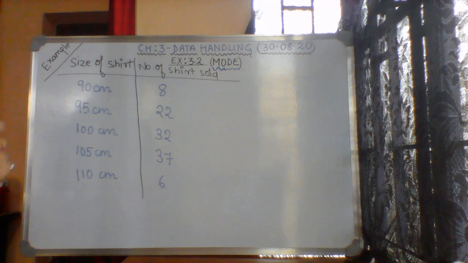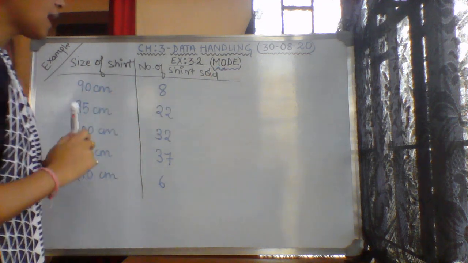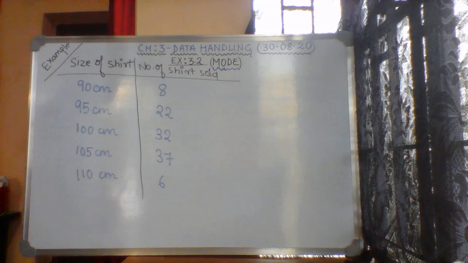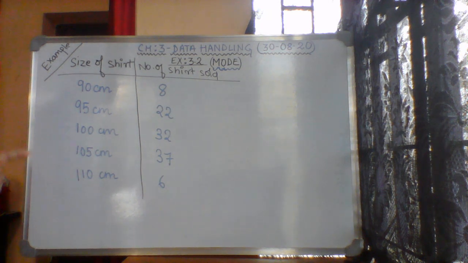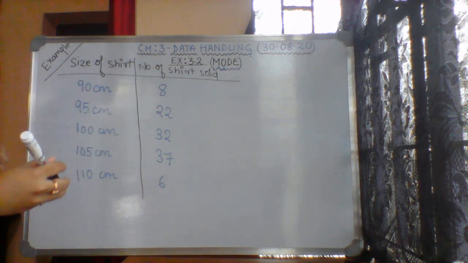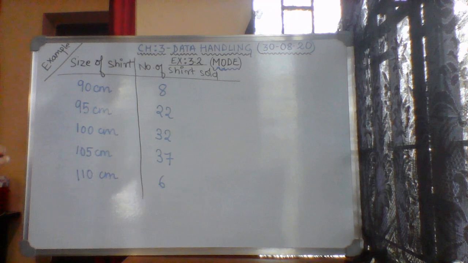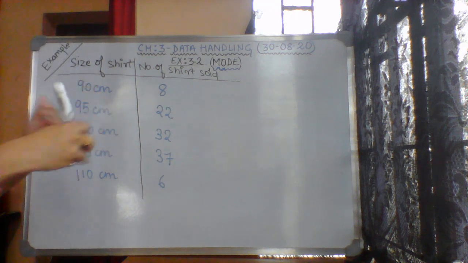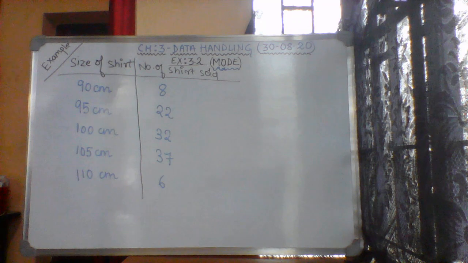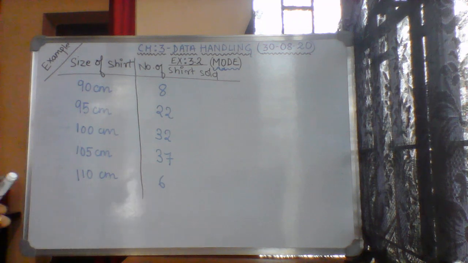So this is the weekly demand of different sizes of the shirt. I have already told what mode is. So can anybody tell me what is the mode of this data? Mode is that observation which is occurring most often, most frequently, that is having the highest frequency. So can you tell me in this data which size of shirt is being sold most often?